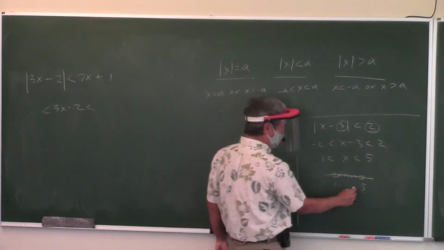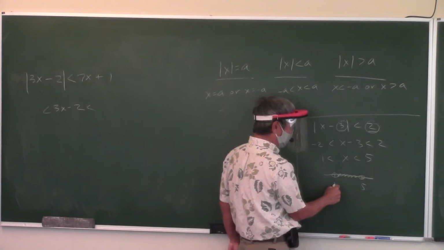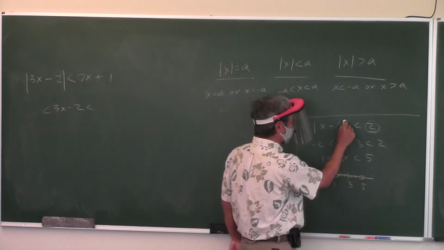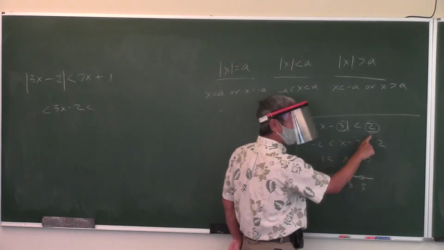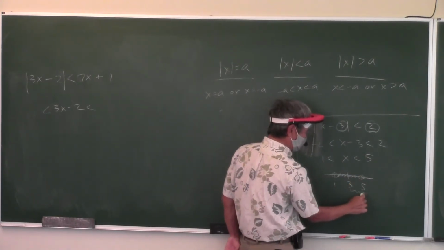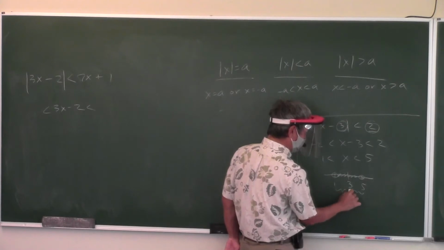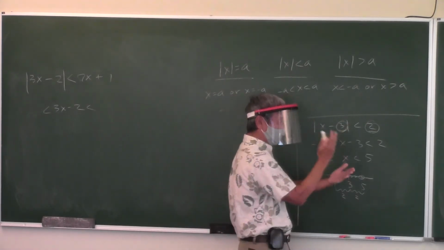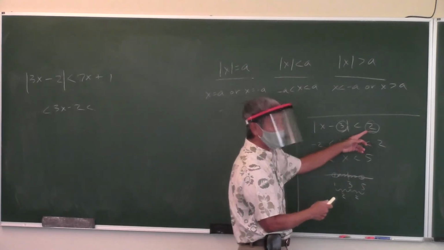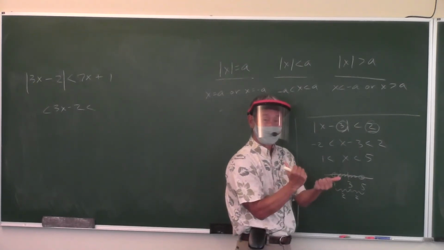Well, what's halfway between 1 and 5? 3. Yeah, that's this number here. And what do you think the significance of this number is? That's the distance from the center to the edge. So this tells you the number in the middle of the interval. This number here tells you how much to go left and right.